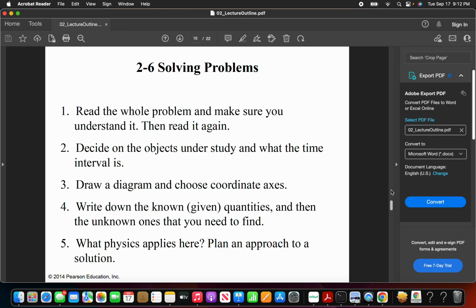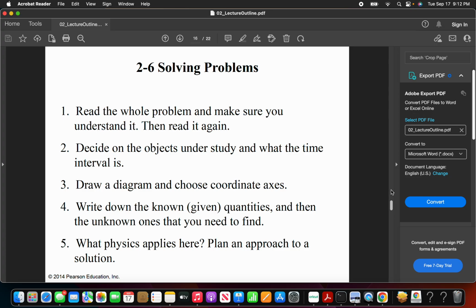All right, so solving problems. It's just like going back to our high school days, or even middle school, where we started doing word problems, and we had a little strategy that we used for that.